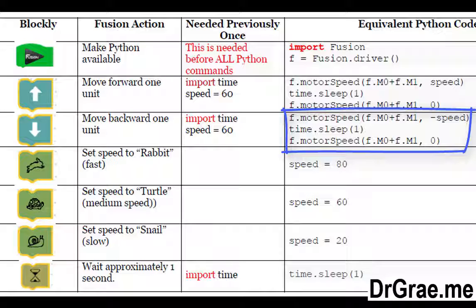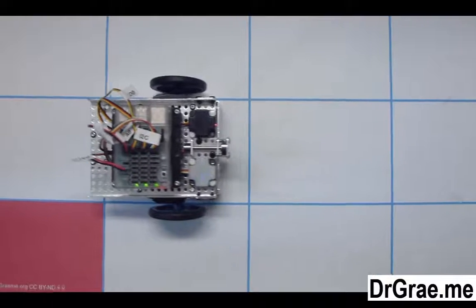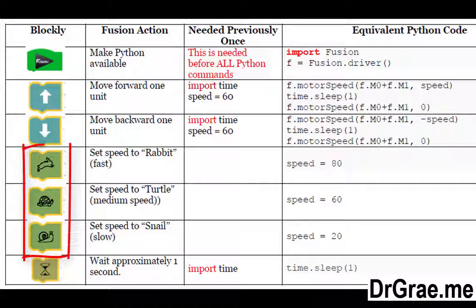The backward speed of our robot can theoretically be anywhere in the range of 0 to minus 100, but again, minus 20 to minus 80 is a more practical range. The next 3 commands allow a Blockly user to control the speed of their Fusion robot when the move commands are being used.